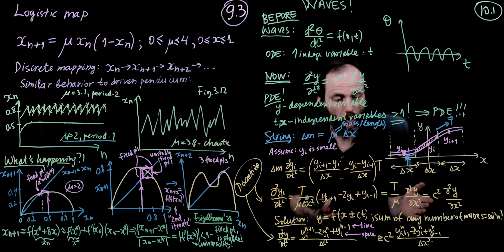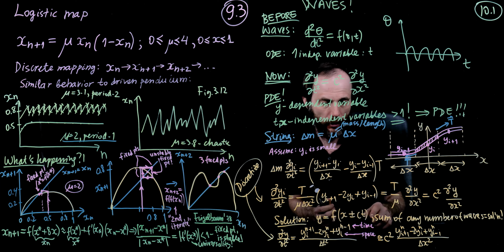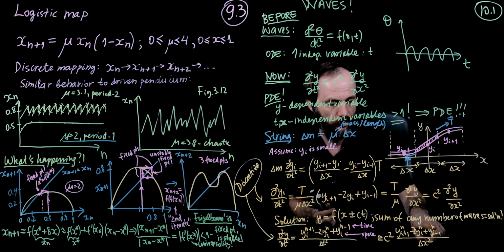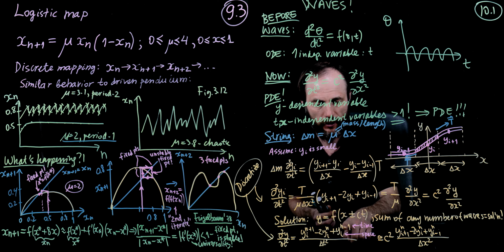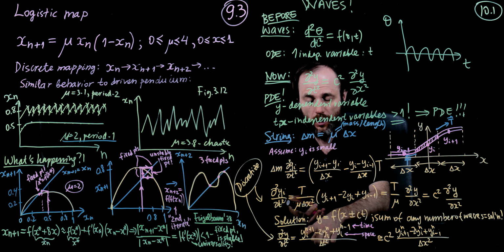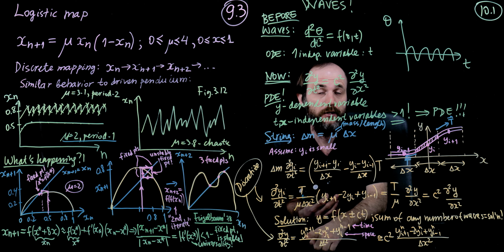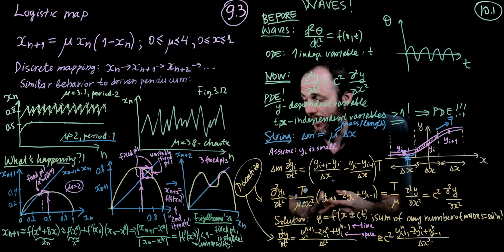So we have now gotten a discrete equation where knowing values at the current time and the previous time leaves us with only one unknown, which is the value at the next time, at the n plus first time. So that will be our algorithm.